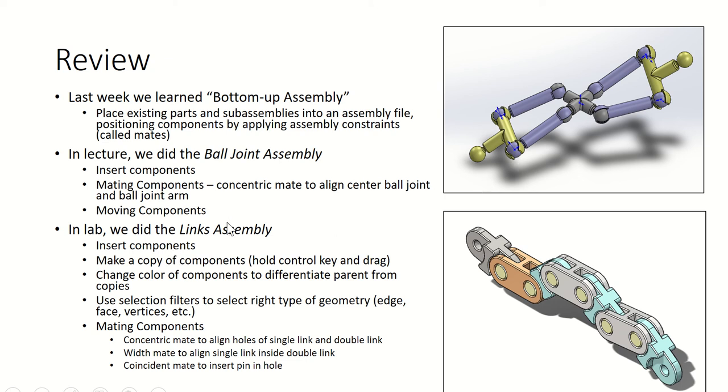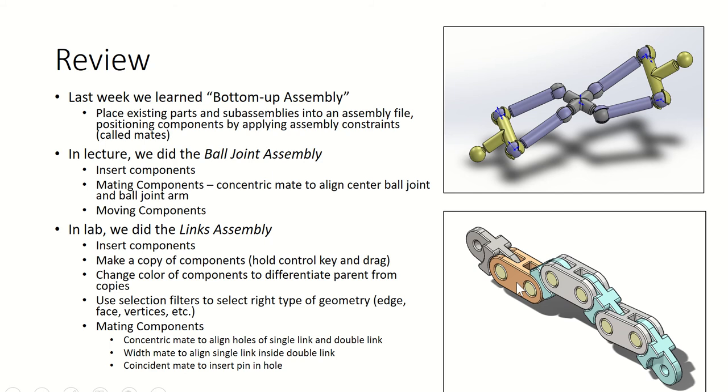In the lab, you did the links assembly, so it should look like this, and you made a copy of a component by holding the control key and dragging. So if I wanted another link, I would just hold control and drag that part to make a copy. You learned how to differentiate the parent from the copies by changing the color.